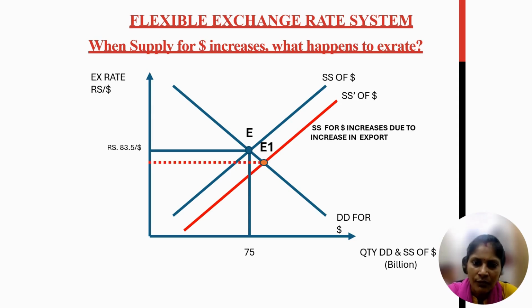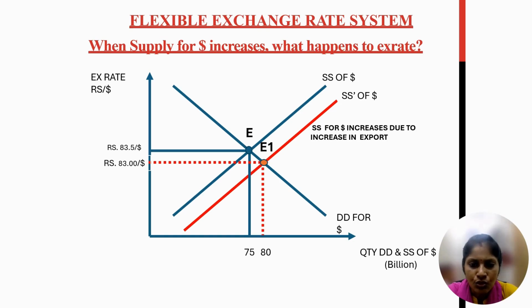From the E1, we determine the exchange rate, that is 82 rupee per dollar. That is the exchange rate that is being determined due to this particular change, and at the 80 billion dollars, that is quantity demanded and the supply.